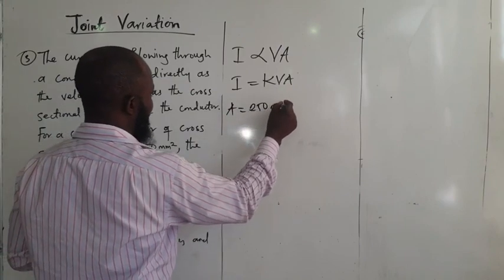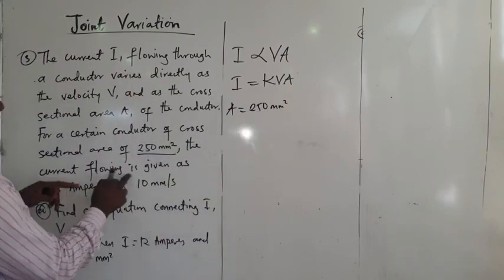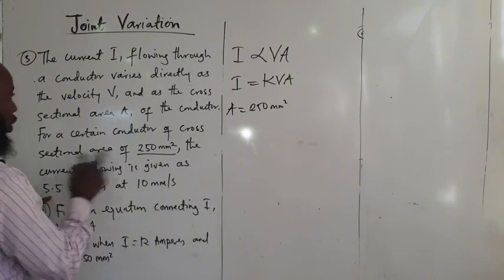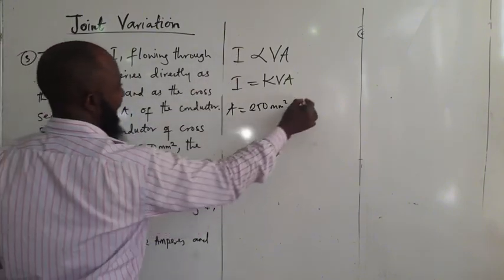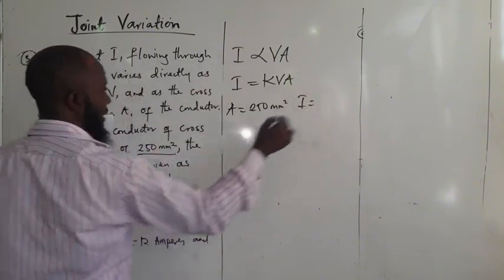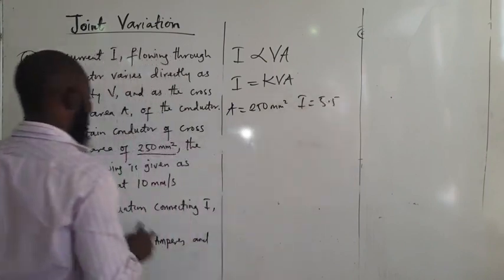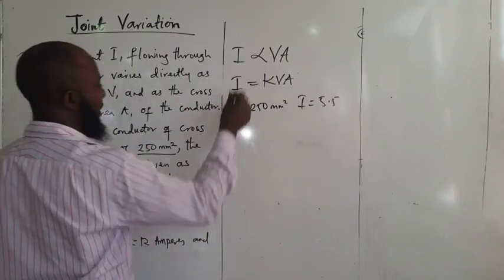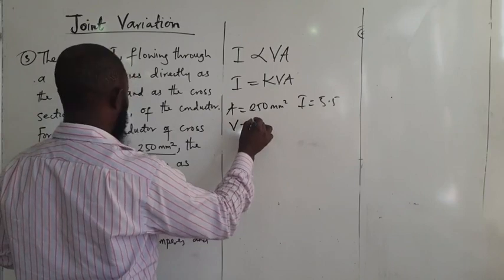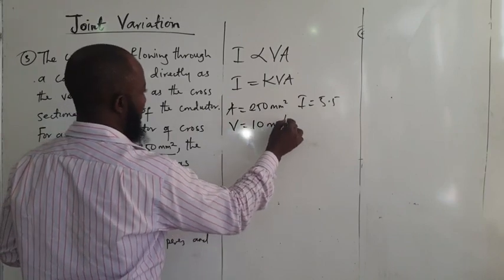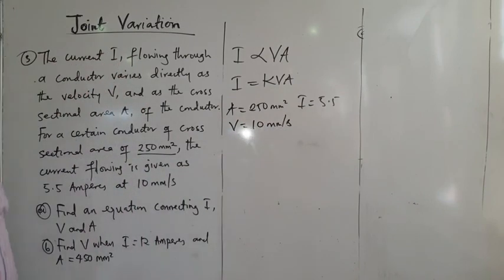For a certain conductor of cross-sectional area A, which is 250 millimeter squared, the current flowing is given as I equals 5.5 at 10 millimeter per second, that is velocity. Is that clear?